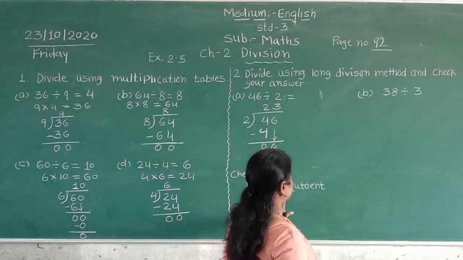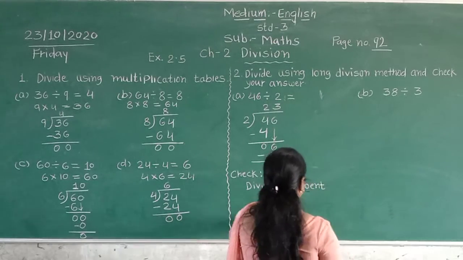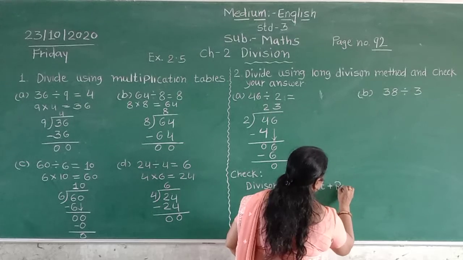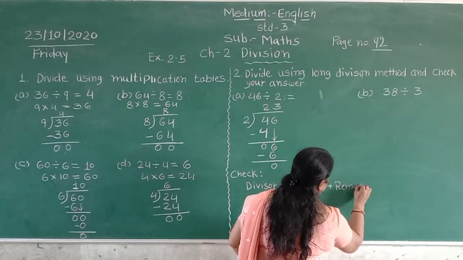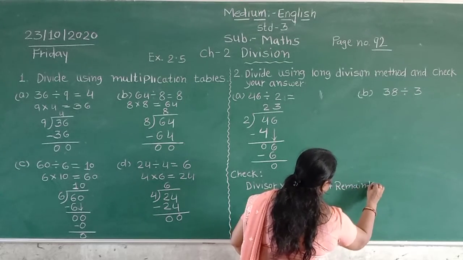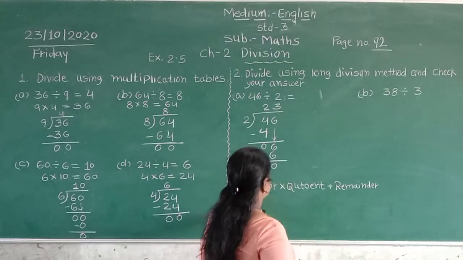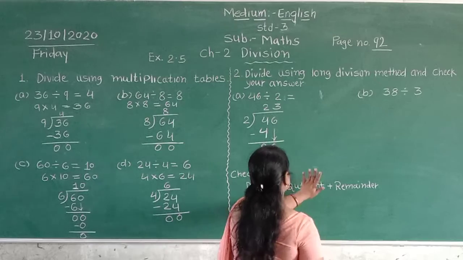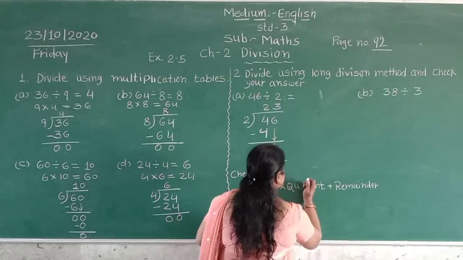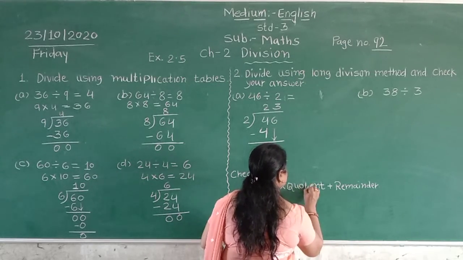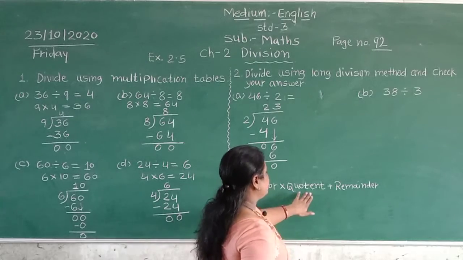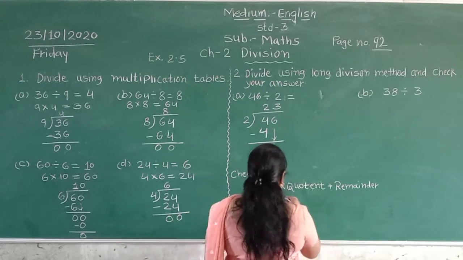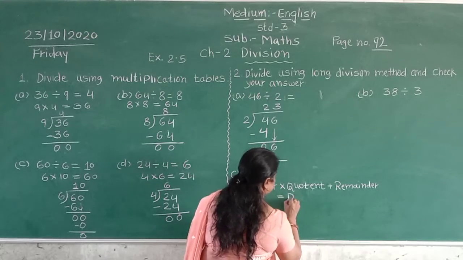Divisor multiply quotient plus remainder equal dividend.